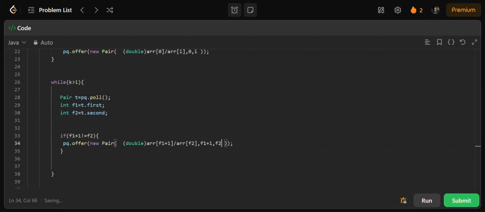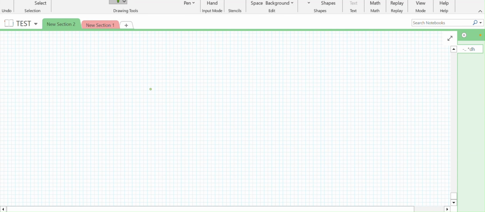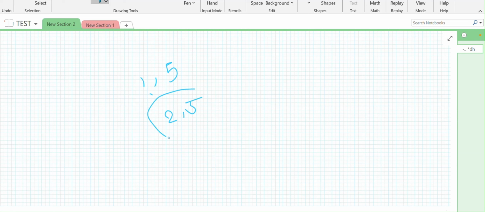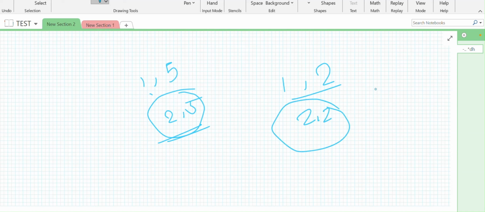I will explain: if my current element gives me 1 and 5, we just push the indexes 2 and 5. Right. But if this gives 1 and 2, we can't push 2 and 2 because we do not use the same element. That's why I am checking that my current element plus 1 is not equal to the second element.